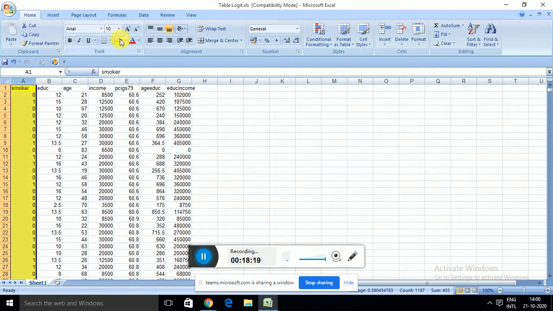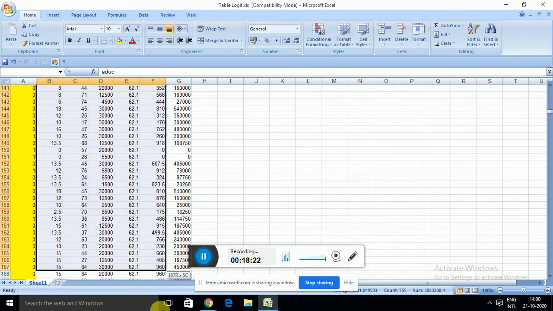So this is my dependent variable, and I have this host of independent variables.